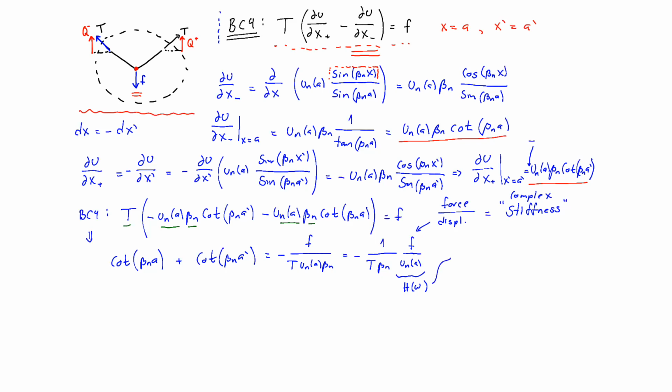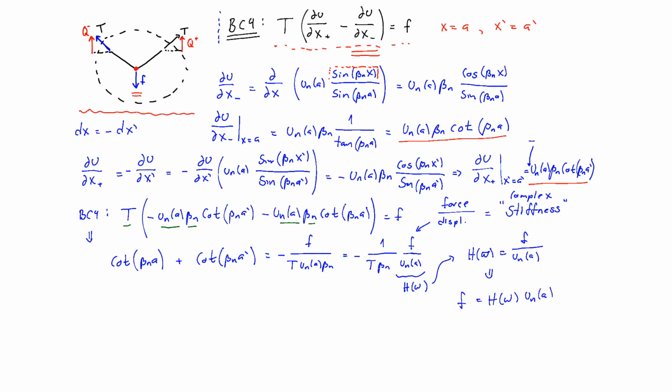So that means that H as a function of omega is defined as the damper force divided by un of a. That means that the damper force is given by H omega times un of a.